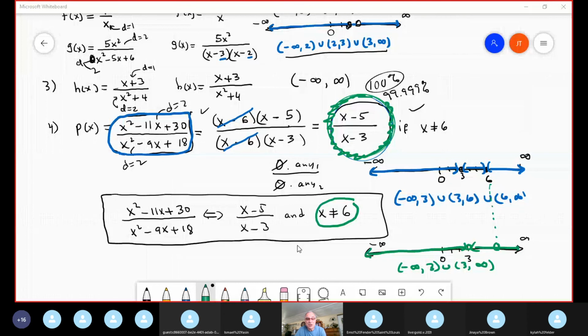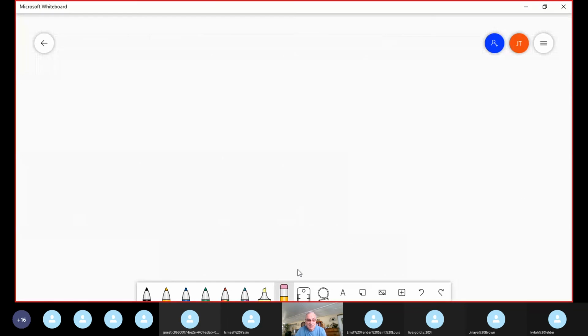Okay. Let me try to introduce one new idea. This function, rational function, always has asymptotes. This is a new word. Asymptotes, in plural.